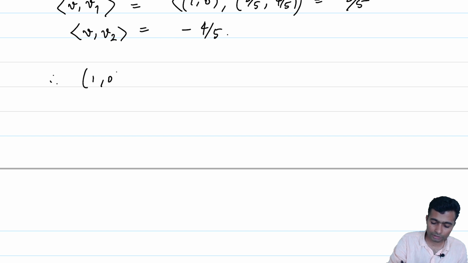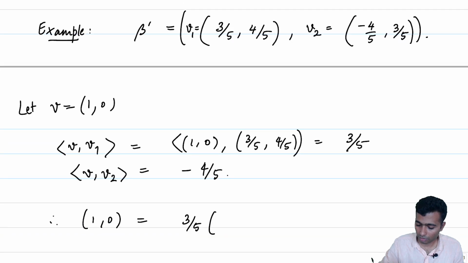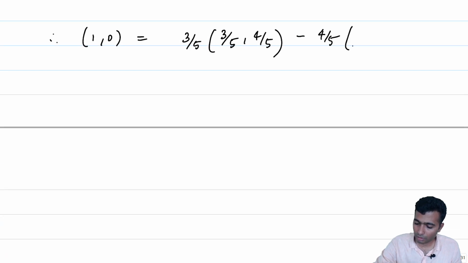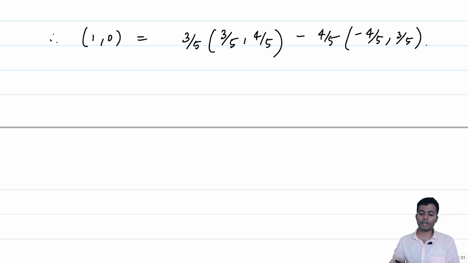Therefore by what we just did, v is equal to 3/5 times (3/5, 4/5) minus 4/5 times (-4/5, 3/5), and you can check that this is actually the case. So without going down to solving a set of linear equations, this is making our life much easier. It only gets better with higher dimension, the complexity starts coming down accordingly.